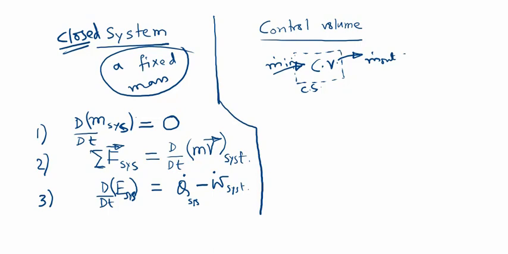But if you are interested to apply these laws for the fluid system, where some fluid is coming into the control volume or going out of the control volume, remember that fluid, when it is coming, comes with some property like momentum, or it may come with some energy.